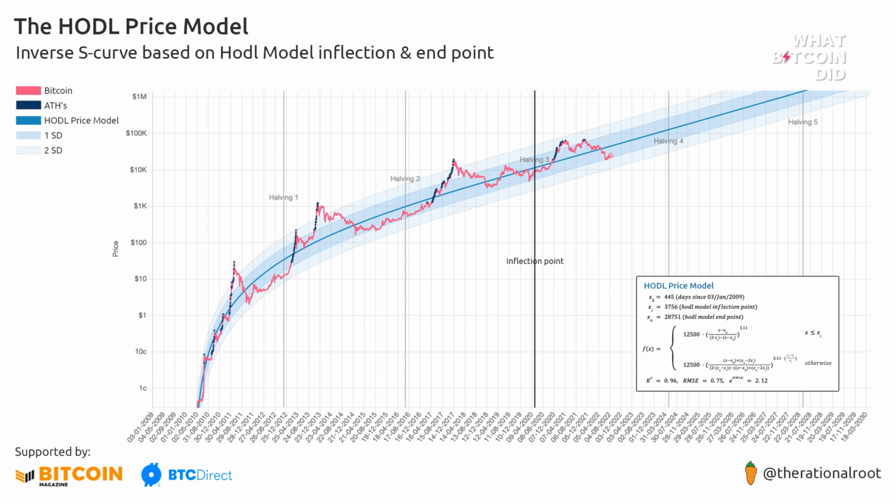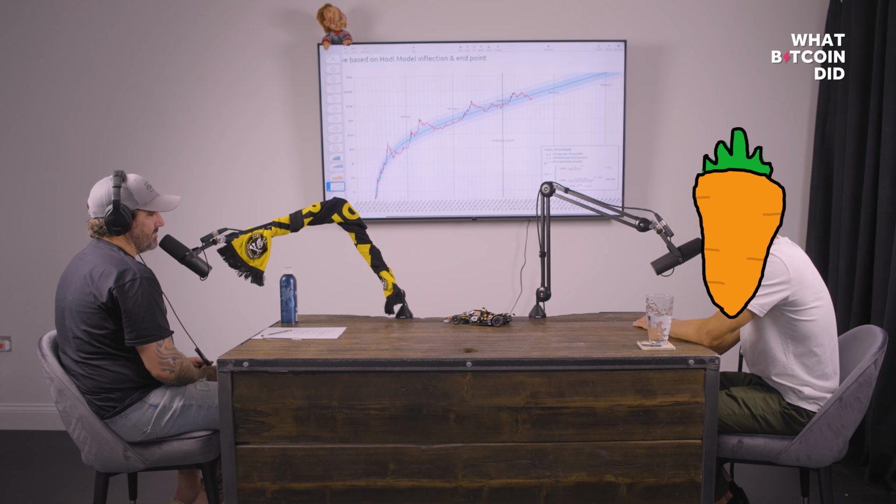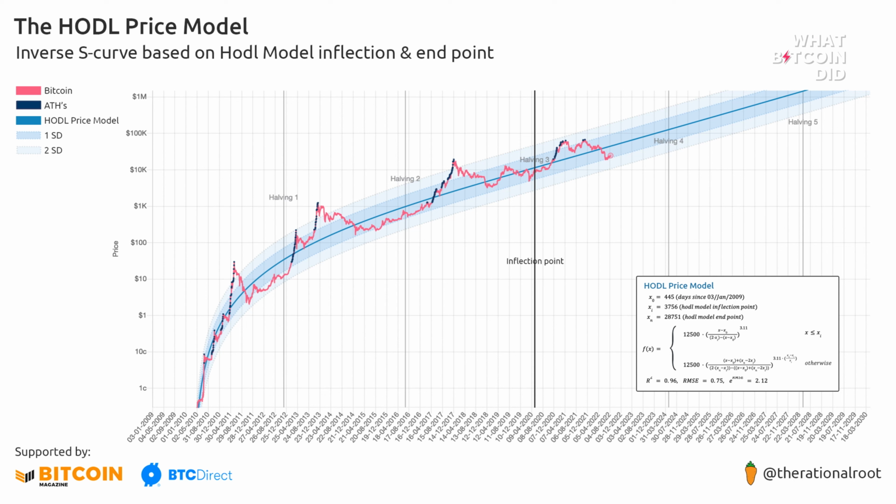For the non-mathematically analytically minded, including myself, explain what a standard deviation is. Yeah, so a standard deviation is we look at the price history, and we look at how far it goes away from the mean, so from the average price, so from the model line, in this case, the dark blue line.